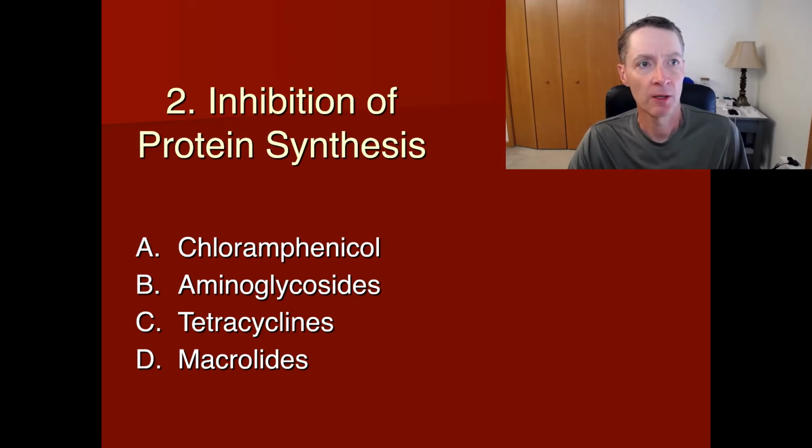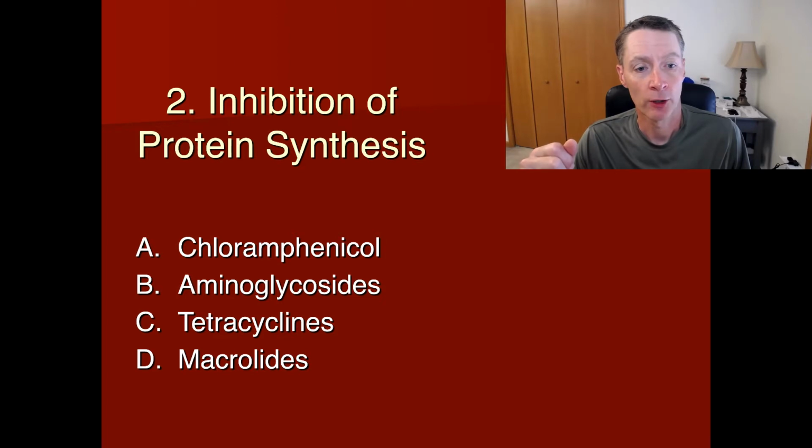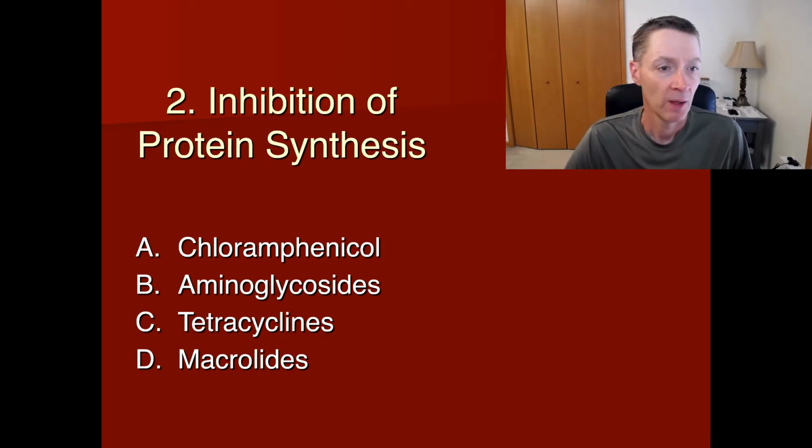Let's say that the bacterium causing the infection has no cell wall, like walking pneumonia, which we talked about a little while ago. Or let's say that the organism has some protective mechanism, genetically it's evolved to be resistant to the cell wall antibiotics. Well, then you might need to shift to a different category. And in this case, protein synthesis is the target.